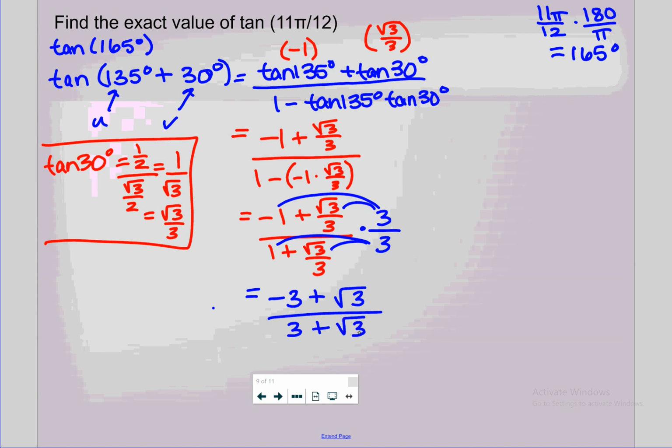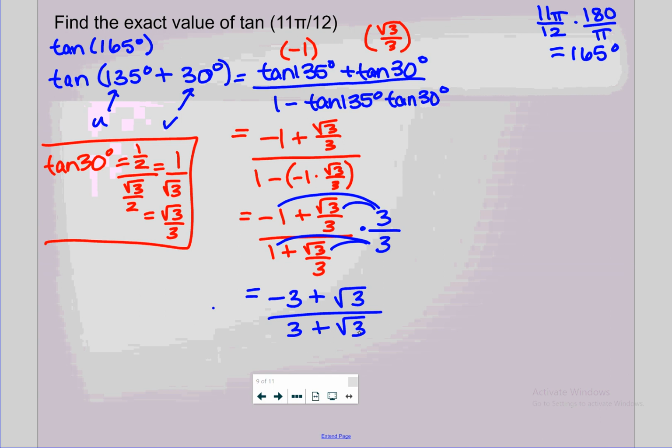Yes? So what happens to rad 3 when you multiply it? So this 3, it's like a 3 over 1 times a 3 over 1. So these 3's are being multiplied in the numerator each time. So I'm multiplying this 3 through the top and this 3 through the bottom.